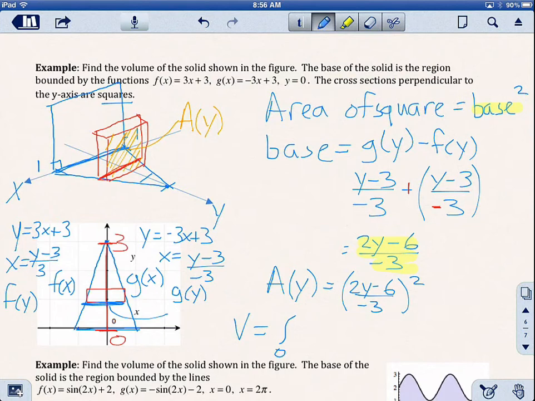Okay, so the volume is the definite integral from 0 to 3 of A of y, which is ((2y minus 6) over negative 3) squared, with respect to y. And when we evaluate this, we actually get a volume of 4 cubic units.